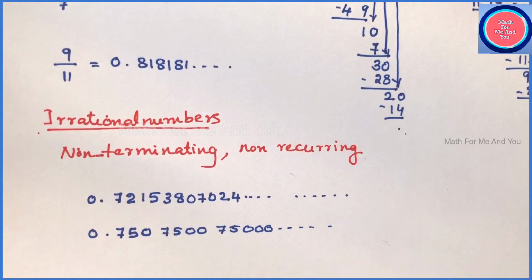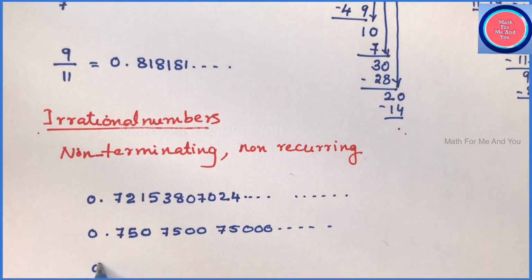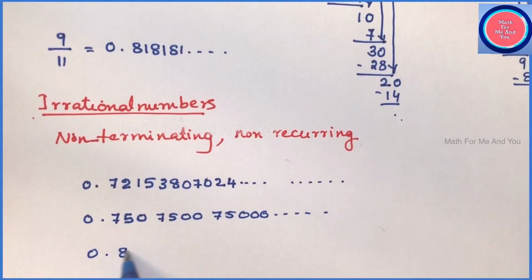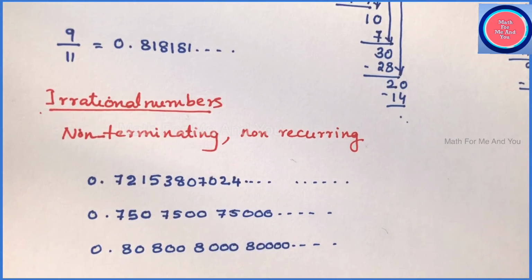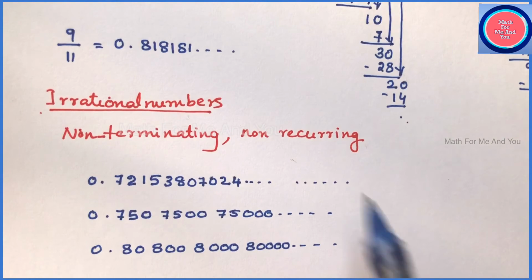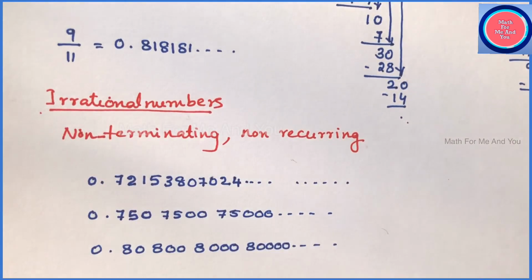And now just below 0.81 we can write a number: 0.80, 800, 8000, etc. So very easily we can write irrational numbers: 3 decimals which are non-terminating, non-recurring, irrational numbers between two rational numbers.